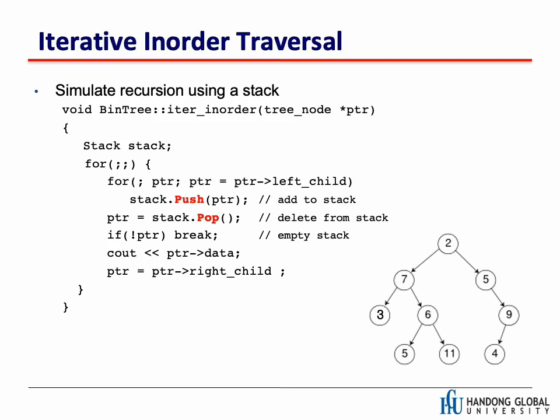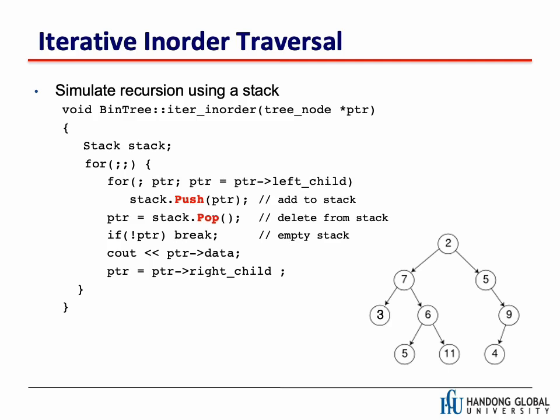and move to the left child. With this figure, we push 2, then we push 7, and then we push 3, and then we meet null, so we quit. Now in our stack we have 2, 7, 3, with 3 at the top. After the second for loop, we pop, so now PTR is pointing to 3. Since 3 is not null, we don't break.